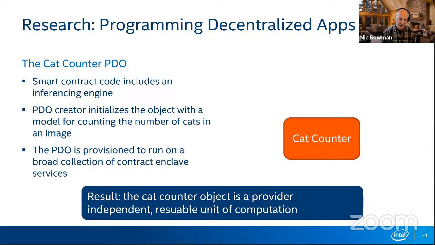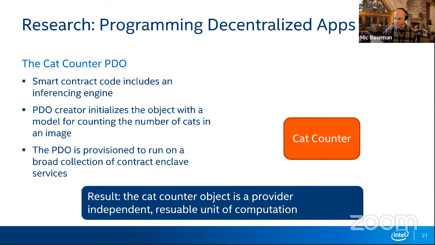And so the idea is that I can put this inferencing engine inside one of the contract objects and give it a model. And let's say that I build this model called a cat counter, right? And so the idea behind the cat counter is you invoke an operation on the cat counter PDO, and it uses its object detection algorithm and counts the number of cats that are in that particular image.